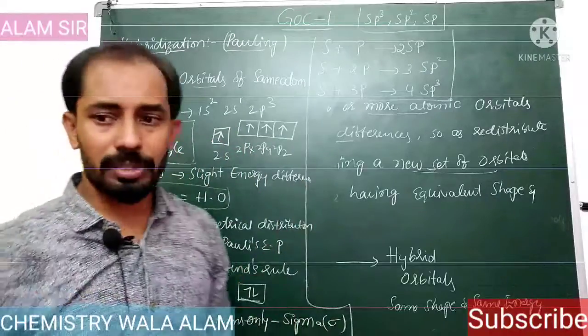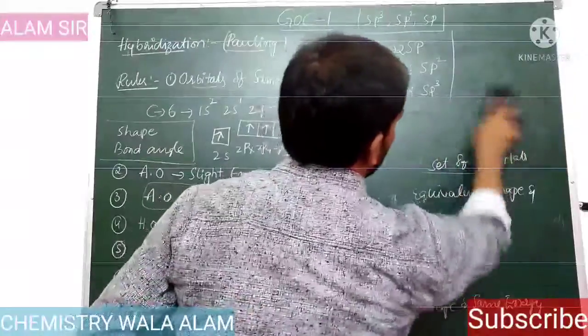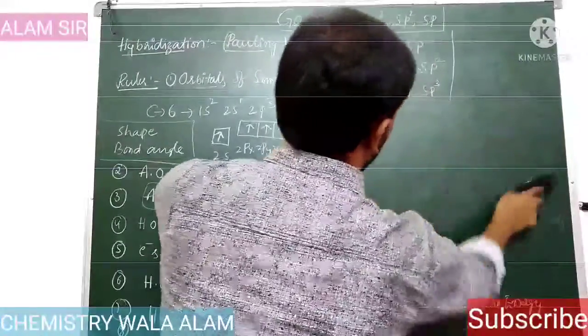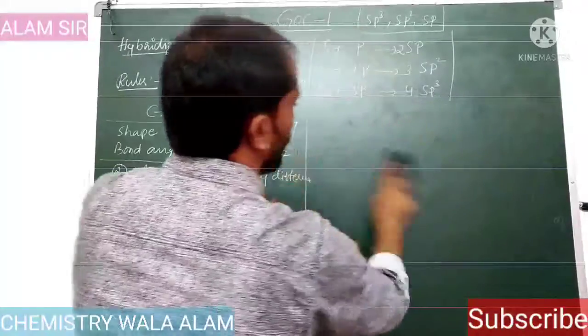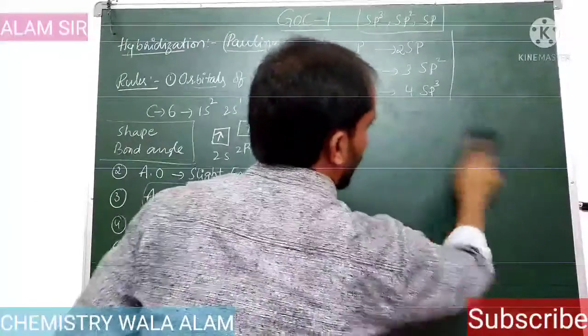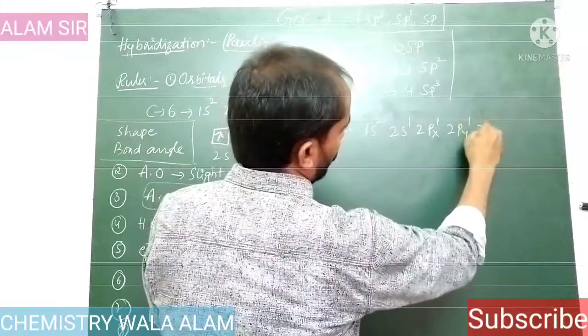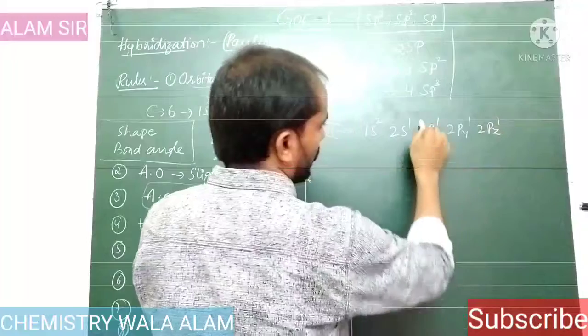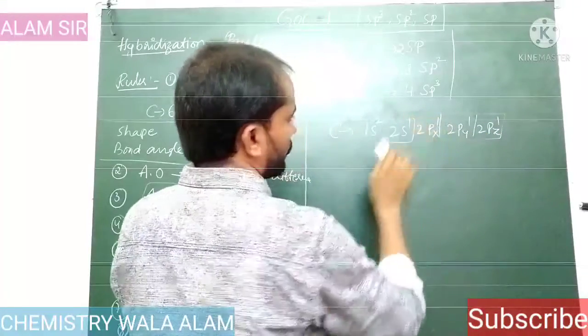Based on this concept, we can see that carbon has 4 valency electrons. Before forming bonds, those 4 valency electrons are 2px1, 2py1, 2pz1. These are all p orbitals, and this is the s orbital.